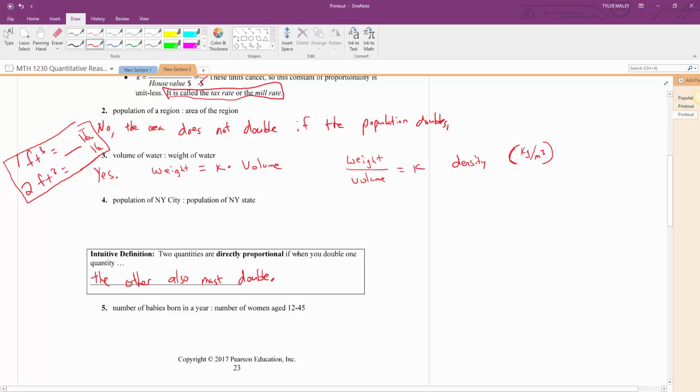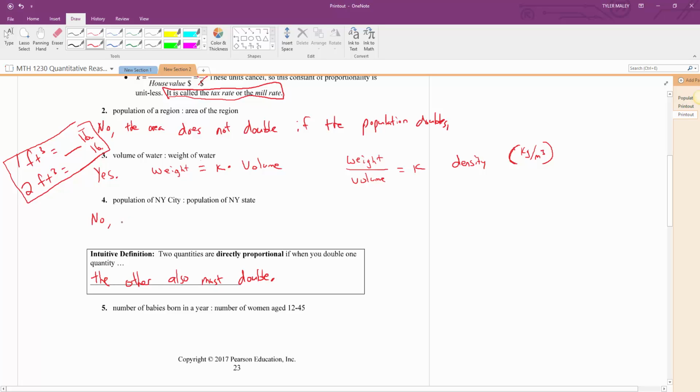So then now look at number 4. Number 4 says the population of New York City compared to the population of New York State, right? So in other words, what you want to think is if I double the population of New York City, will the population of the state also double? It could, but in general, that's not always going to be true. That's not going to be proportional. One doesn't cause the other to double also, guaranteed, right? So this would be no. This is not proportional.